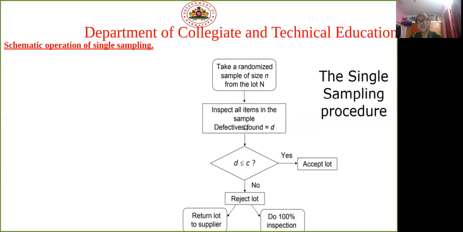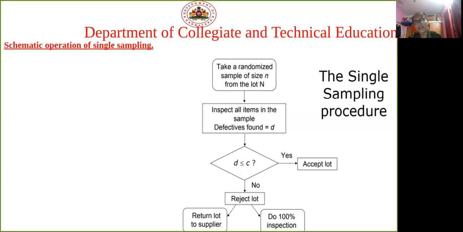Once you inspect all the items of that sample, you have to identify how many are defective. Say, for example, small n, the sample size, is 5, and in that 5 you have obtained two defective items.